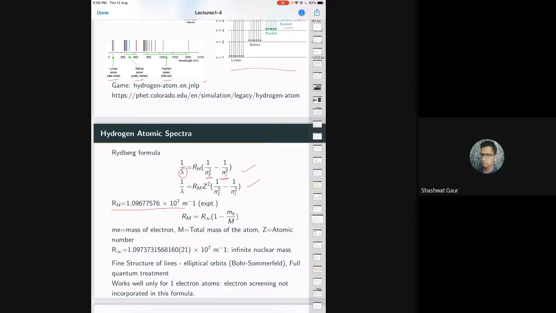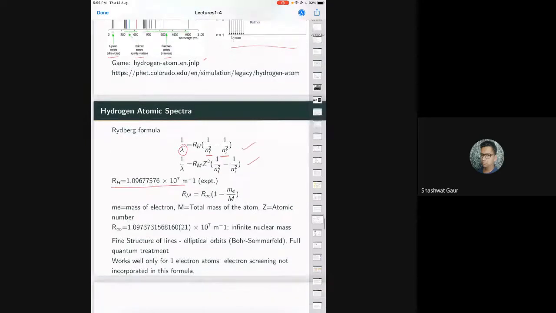And if you have a hydrogen-like atom, which means you have a 1 electron system, but the nucleus can be heavier, so something like helium plus or lithium 2 plus, then also you can write the same formula for their emission spectrum, which involved something called Rm, which is defined as this.